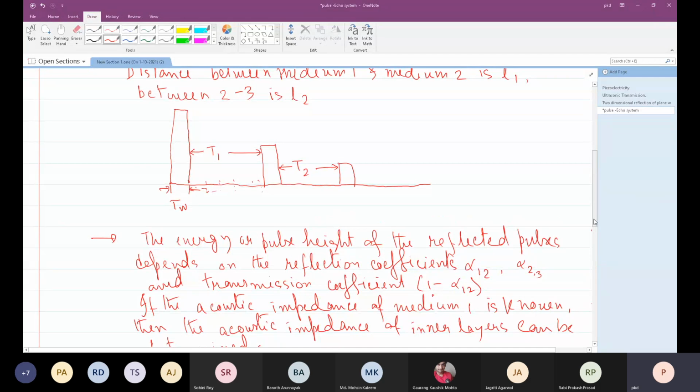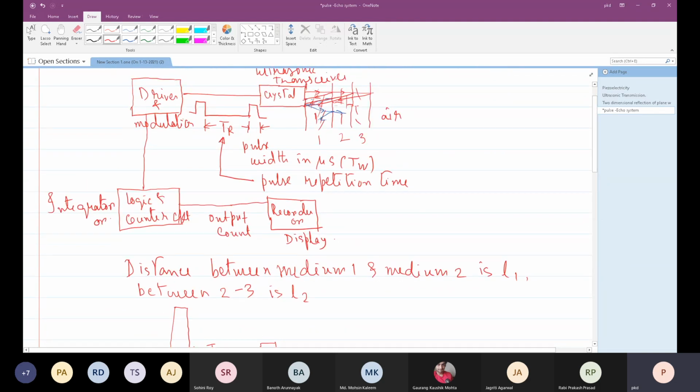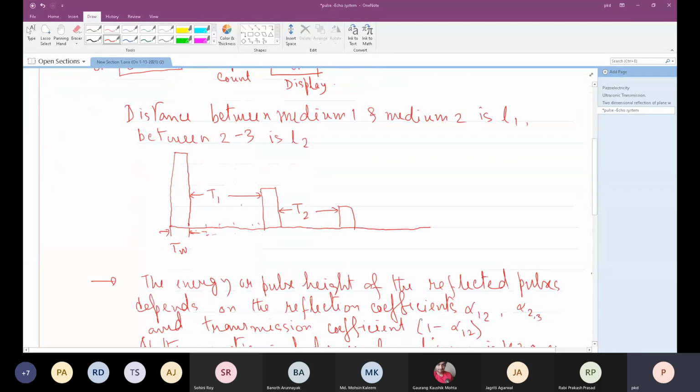So usually if the measurement medium is very noisy, that means this boundary is not very prominent, a hazy boundary, and also there are defects in medium 1 and medium 2, there will be a lot of other reflection points or scattering points giving rise to reflection. In that case, this kind of pulse output we may not get. So this is ideal.